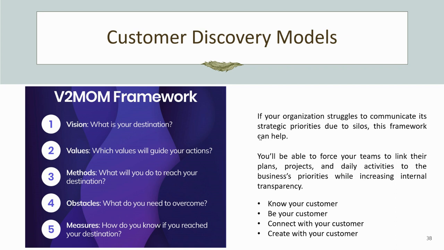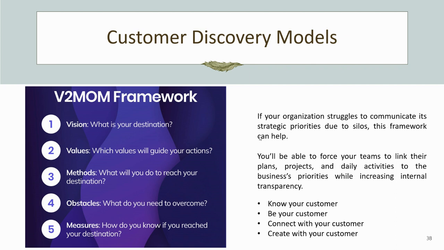prioritize your work. Okay, see, the thing is, if your organization is struggling to communicate your priorities, might be due to a silo framework, the team is working in silos, and there is no connection between different departments.